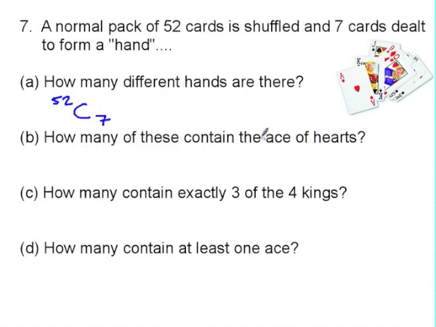How many of these contain the ace of hearts? I want the ace of hearts, so if I separate out the ace of hearts, I've got 1 ace of hearts chosen from itself. But the other 6 cards need to be chosen from the remainder of the pack.